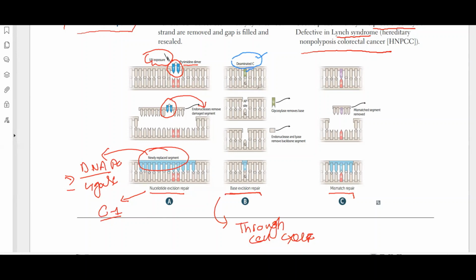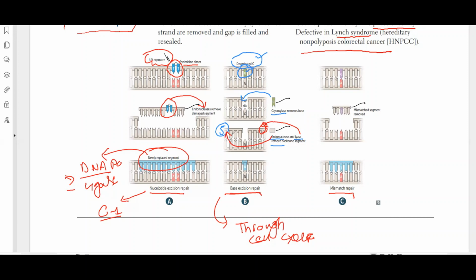So what happens? There is an enzyme known as glycosylase. This glycosylase enzyme removes the deaminated base and forms the AP site. Next are two other enzymes, AP endonuclease and AP lyase. AP endonuclease cleaves the 5' end, while the lyase cleaves the 3' end.